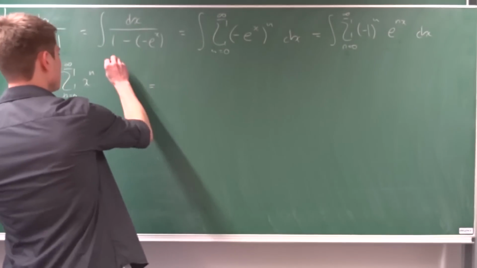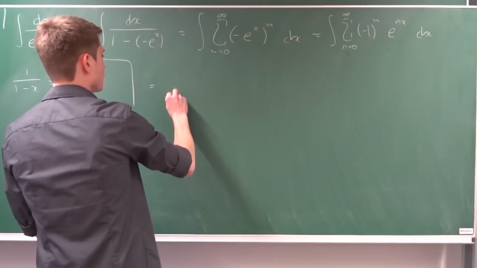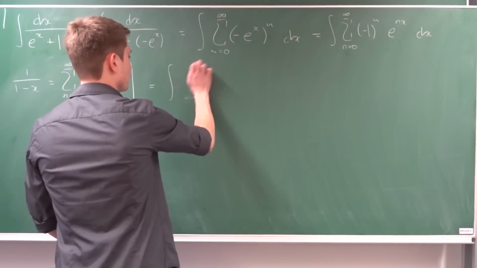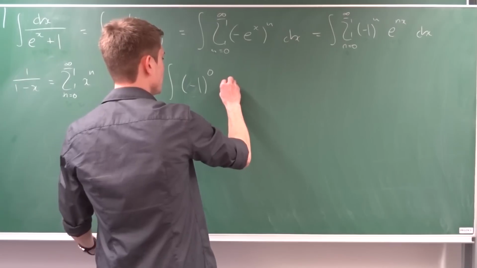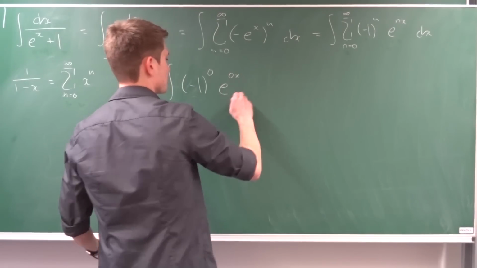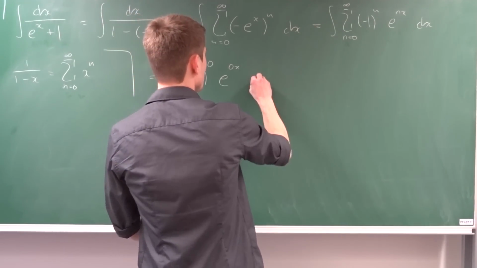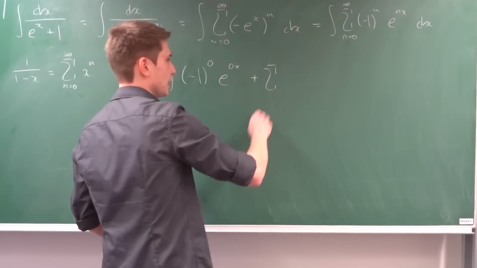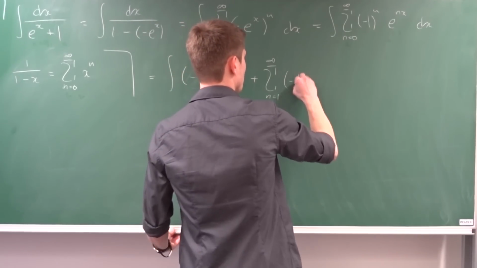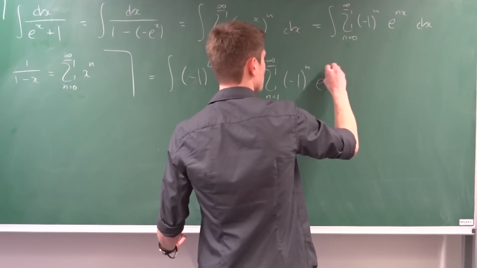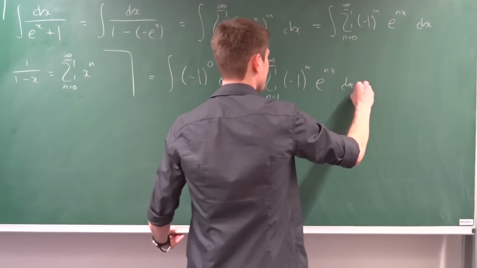So let's rewrite this. This is now the integral of, taking out the first part, minus 1 to the 0th power times e to the 0 times x. And then the next one, positive, the sum from n equals 1 to infinity of minus 1 to the nth power e to the nx dx.